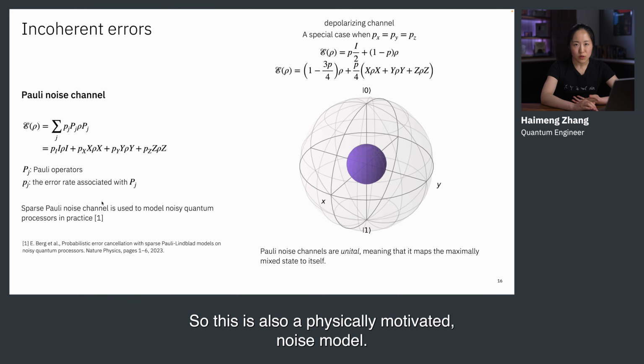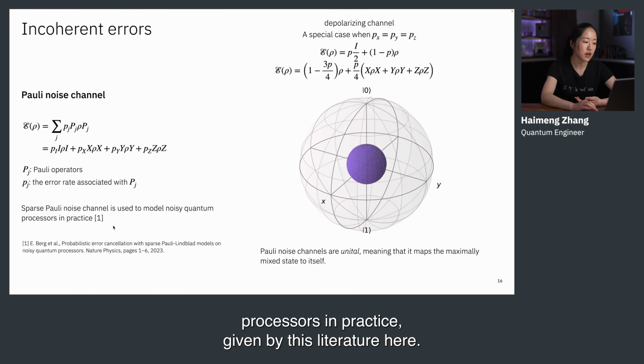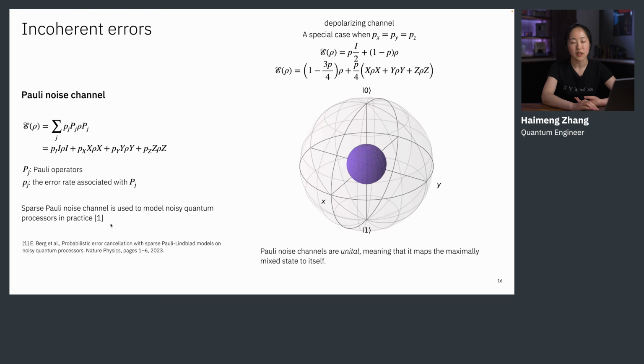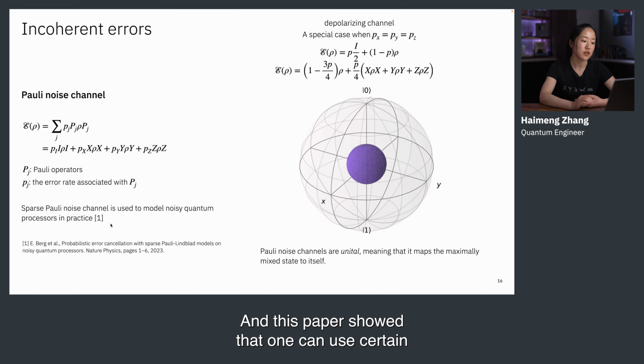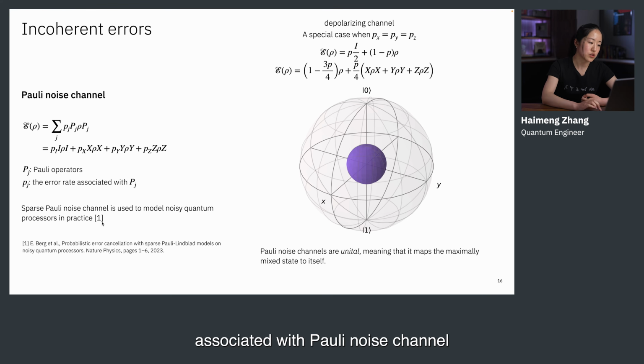This is also a physically motivated noise model, and it has actually been used to model our noisy quantum processors in practice, given by this literature here. This paper showed that one can use certain tomography or learning techniques to learn the parameters associated with the Pauli noise channel for a given device.